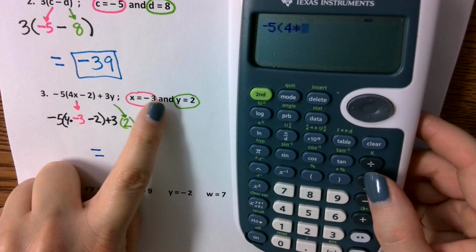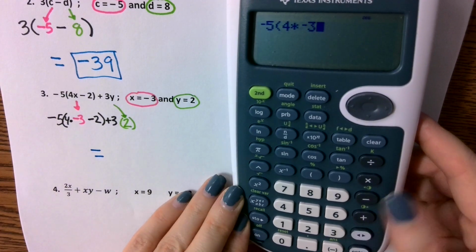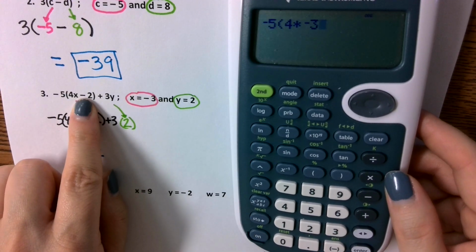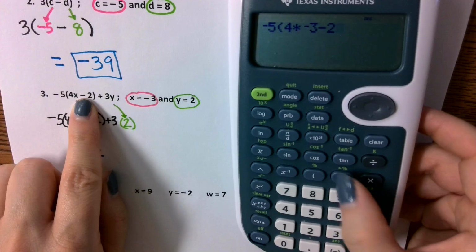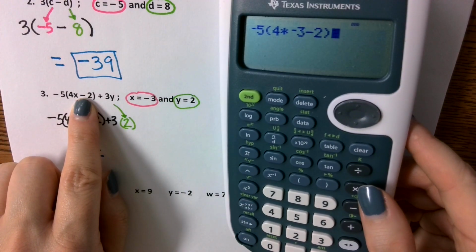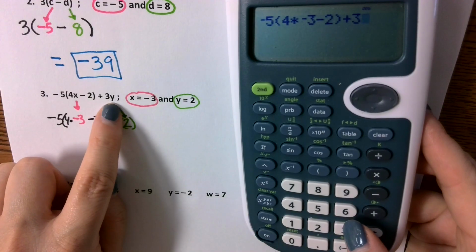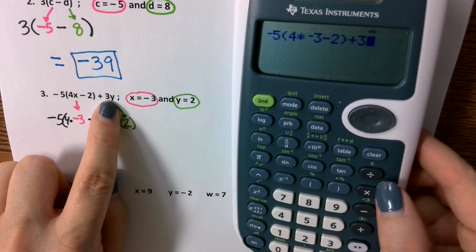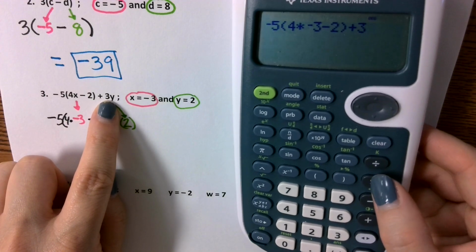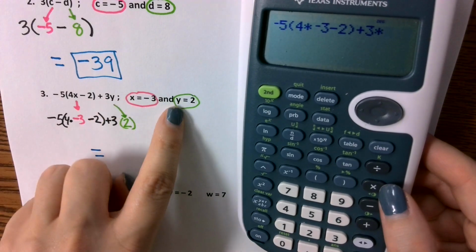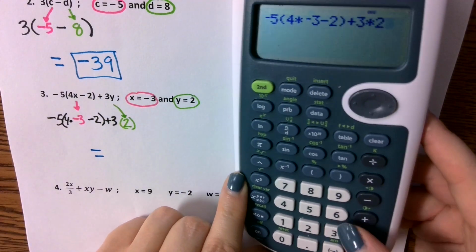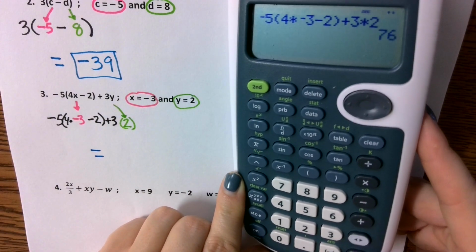Negative 3. So 4 times negative 3. Then we see minus 2. Then I can close my parentheses. Okay, then I've got plus 3y. Again, what operation is that? Multiplication. So I got to put plus 3 times. What was my y? My y was 2. Okay, so I have all of it typed in.